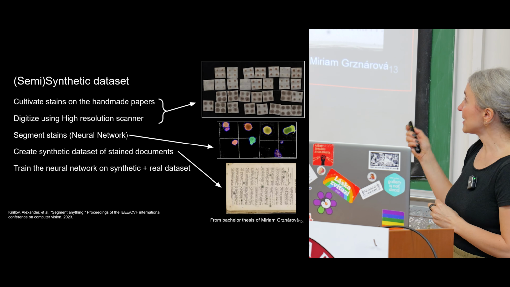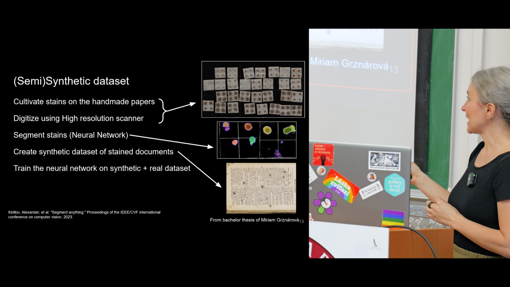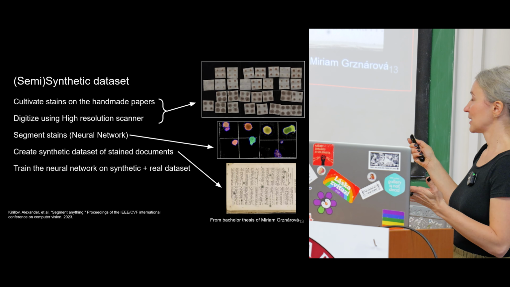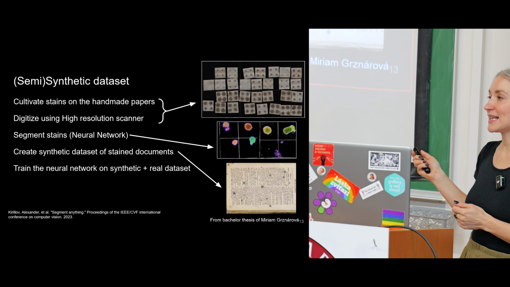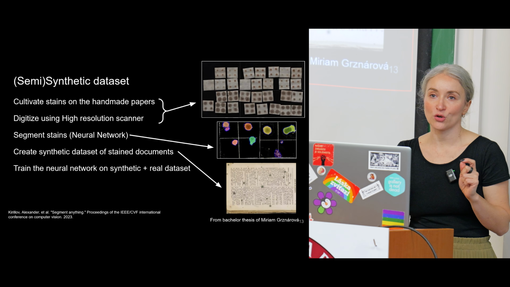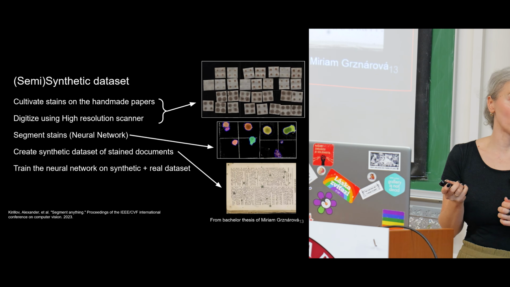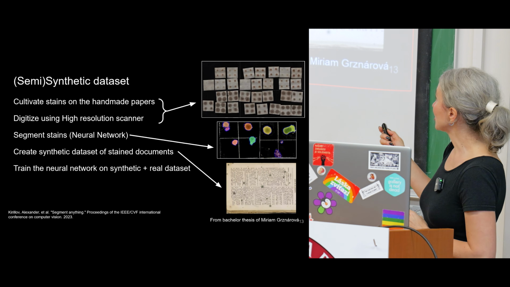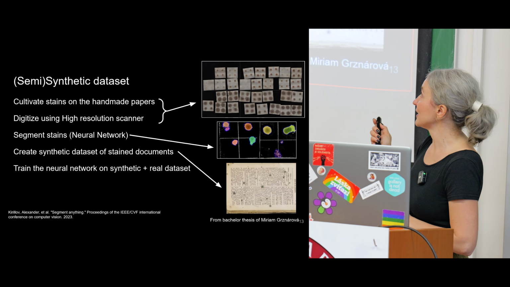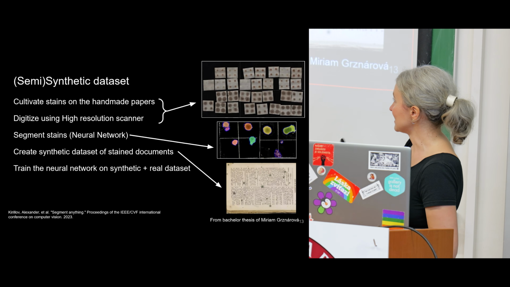Then we can segment those stains, and then we can render those stains on some historical documents. And we have a lot of scanned historical documents in many datasets online. We have Europeana, which is a great dataset of all documents. So we can definitely utilize these, and in combination with our cultivated stains, we can create a dataset which can be used in this case.